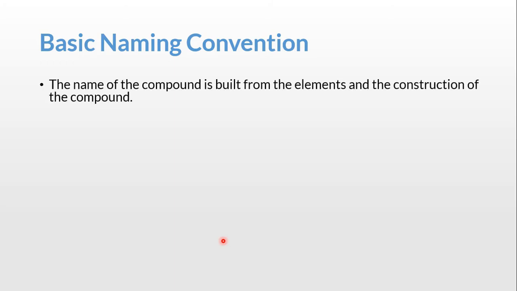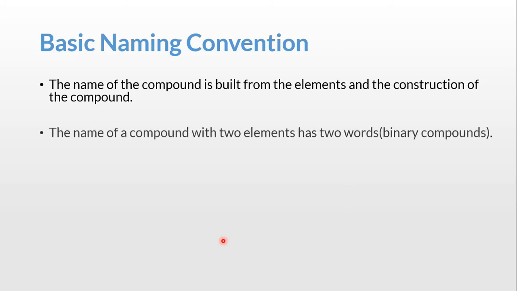The name of the compound is built from the elements and the construction of the compound. So we are writing the name of the compound from the elements we are seeing in the formula, and then how the compound is constructed. Also, the name of the compound with two elements has two words, binary compounds.